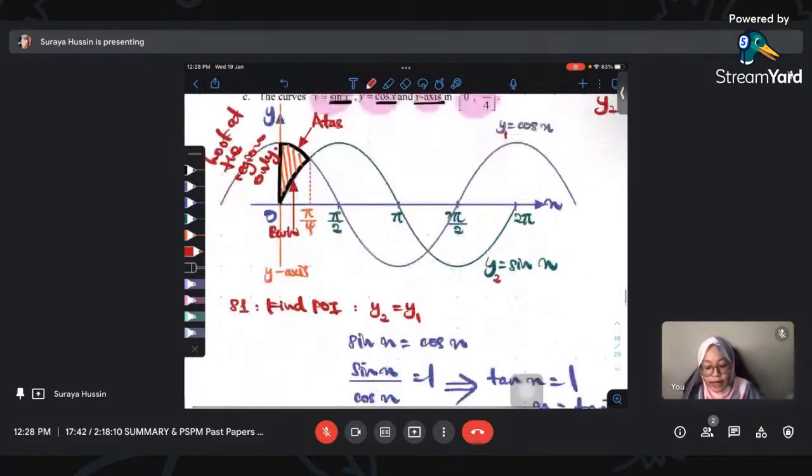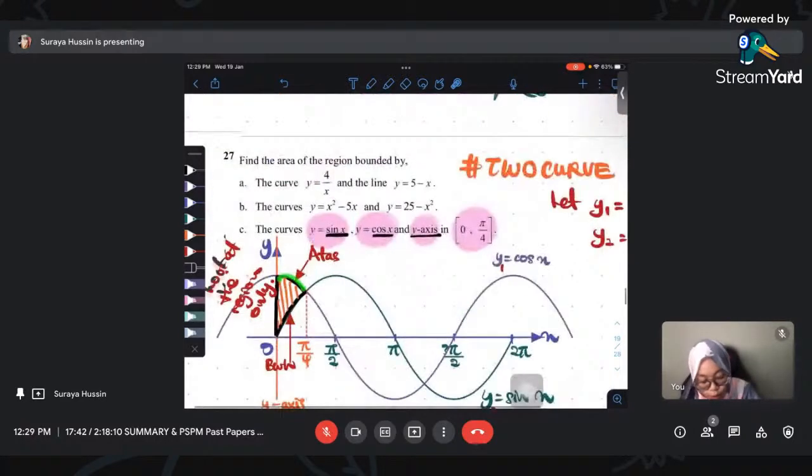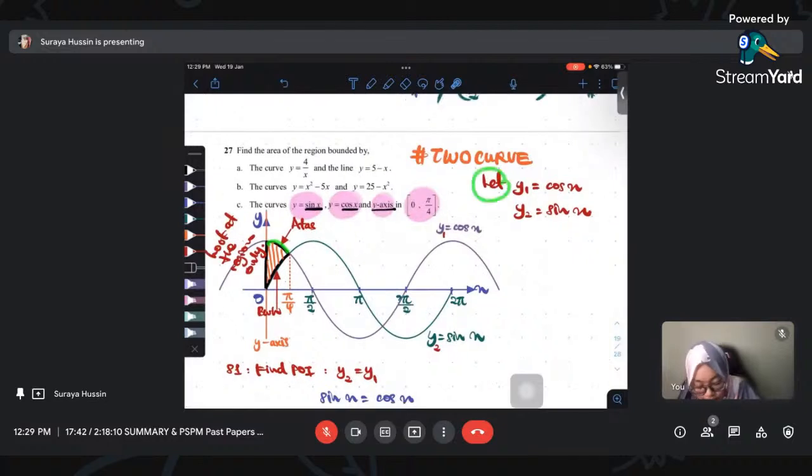When you look at the region only, you find who is on top. Oh, this is the top. Who is at the bottom? Oh, this is the bottom. Okay, you understand. What function is on top? The top is the cos function. So you understand, oh, cos will minus sin, because the top is cos. But did you assume first? You assume, you let.